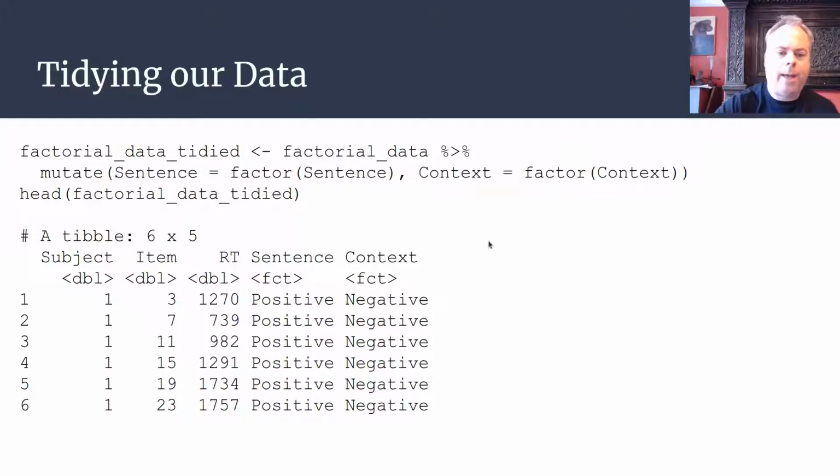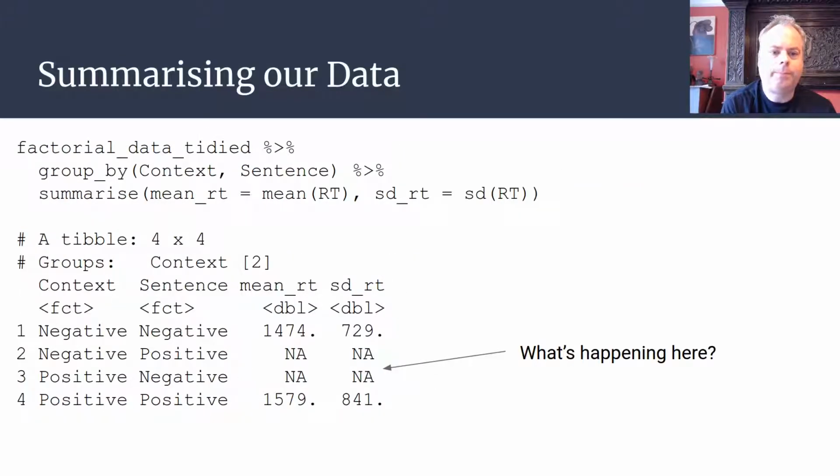So we're going to map that back onto a new object, a new variable name that I'm calling factorial data tidied. So if we were to inspect the first 6 rows of that, we'd see that our data frame now accurately reflects the experimental design.